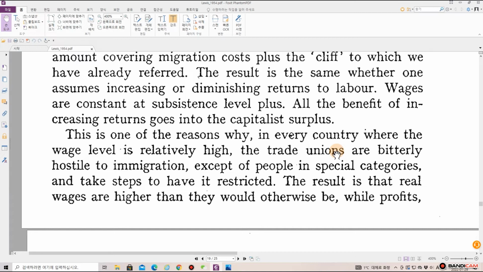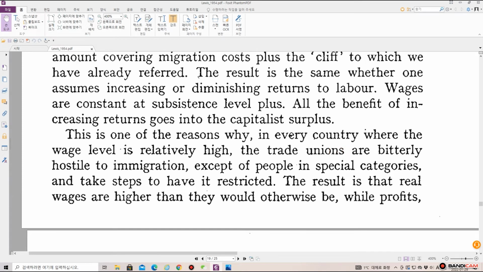This is one of the reasons why in every country where the wage level is relatively high, the trade unions are bitterly hostile to immigration, except of people in special categories, and take steps to have it restricted.